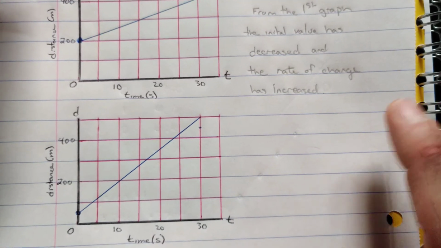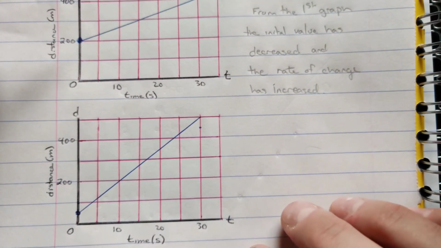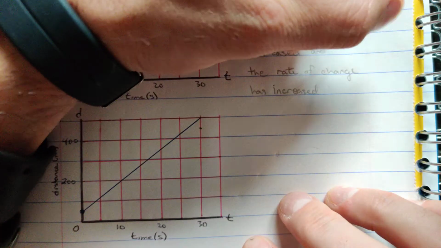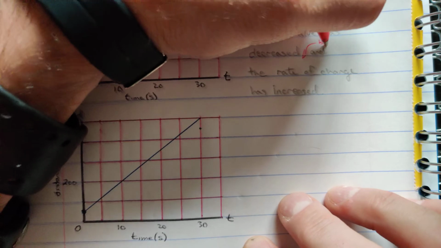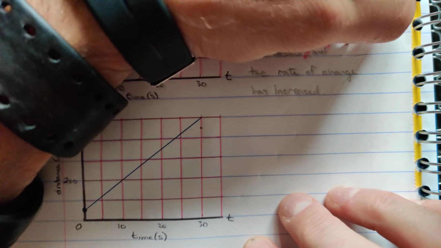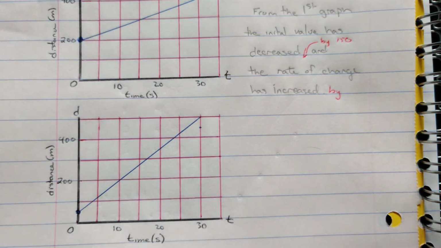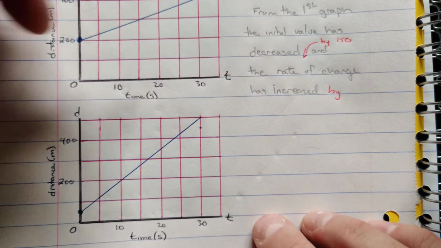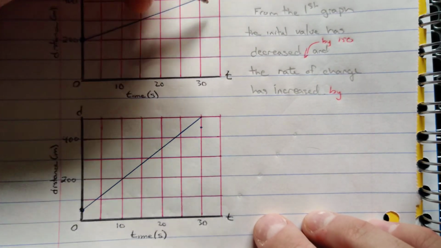And we can state explicitly what those were. We could say that the initial value has decreased by 150. And then the rate of change is increased by, and now we'll just have to find a rate of change. The rate triangle here, 200 to 400.